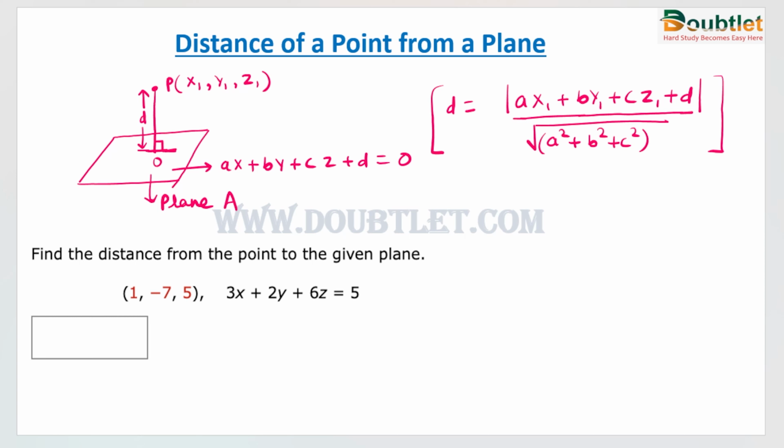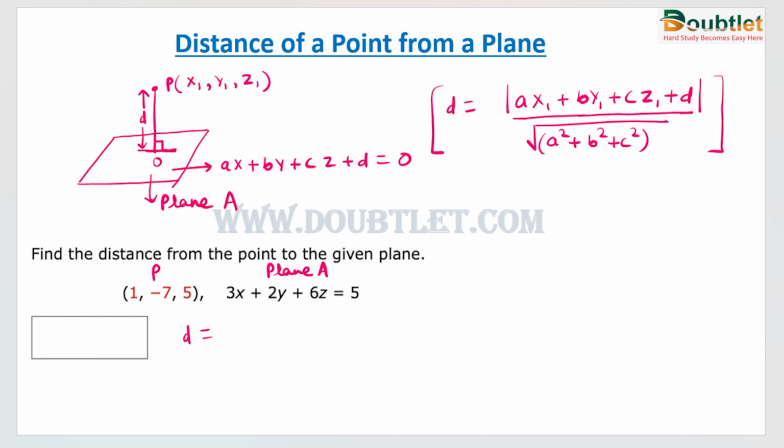Now based on this concept, we will solve some examples so that we can learn how to apply it. So this is the point P and this is the plane A. To find the distance of this point from this plane, we will use this formula.